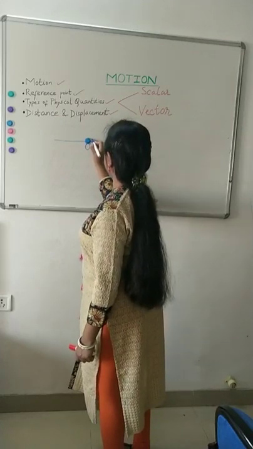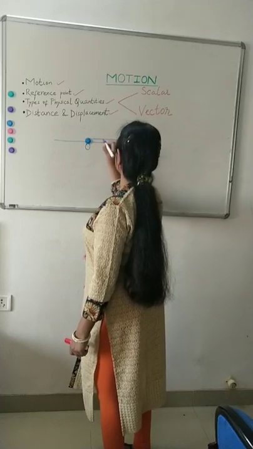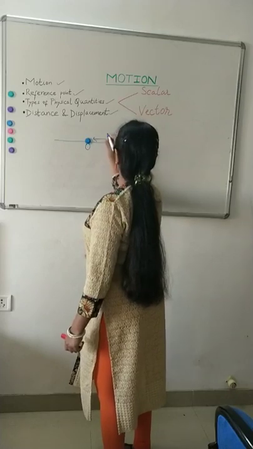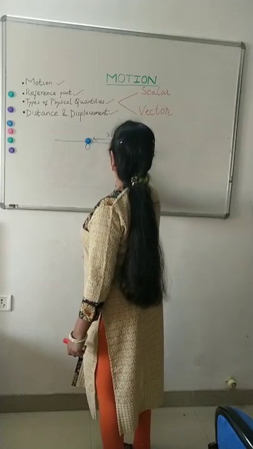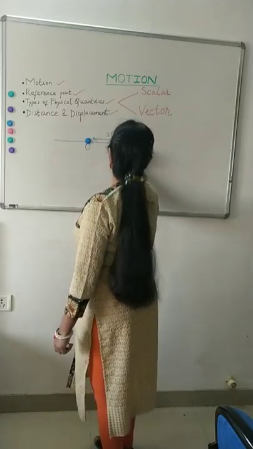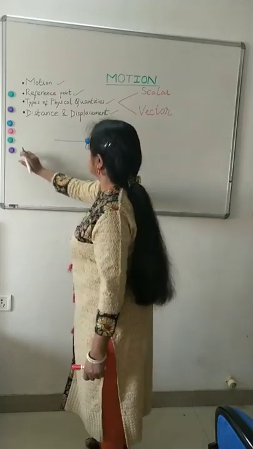Suppose a person A starts traveling and he travels 3 kilometers towards right. So I am marking another point B here.